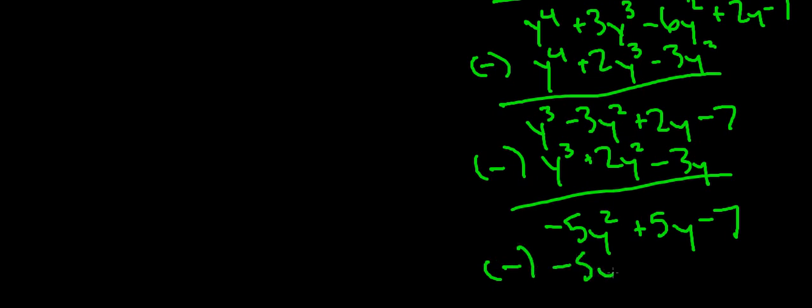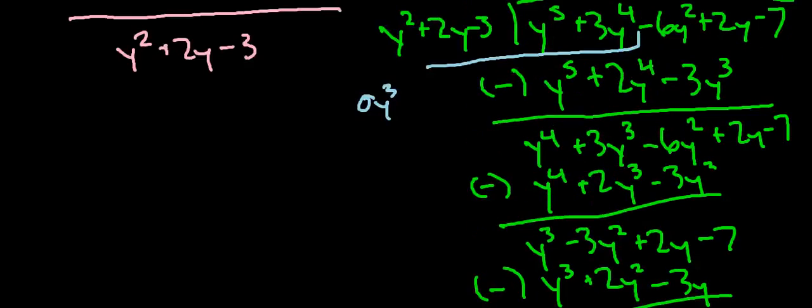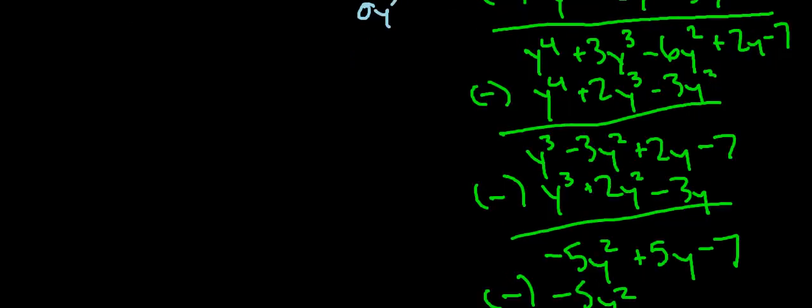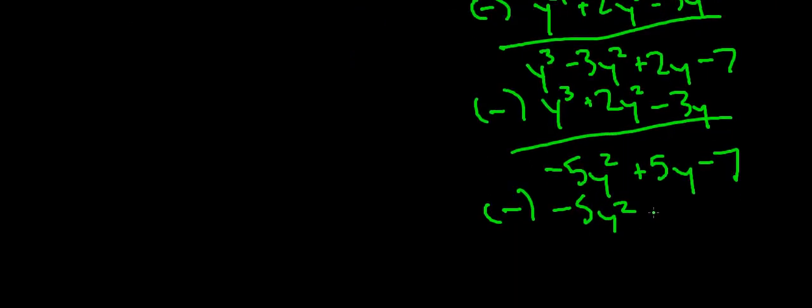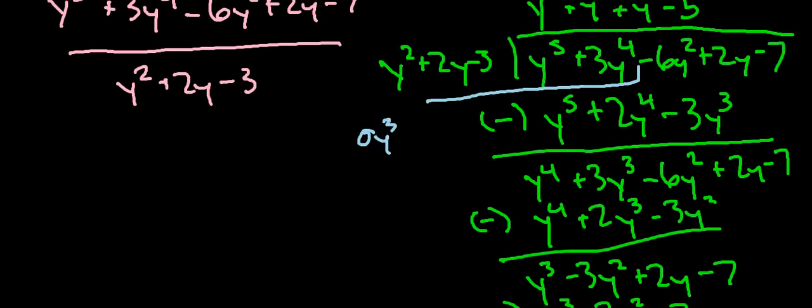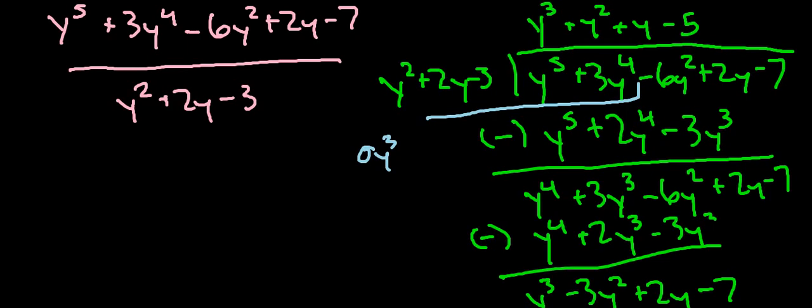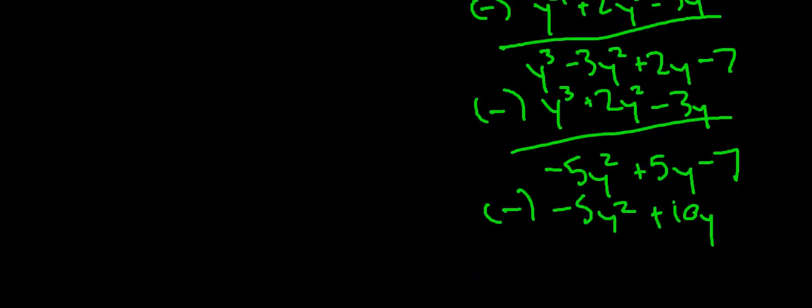So minus 5y squared, and we had 2y and minus 3. Minus 5 times 2y is positive, so yeah, positive 10y. I just want to make sure I don't make a mistake.